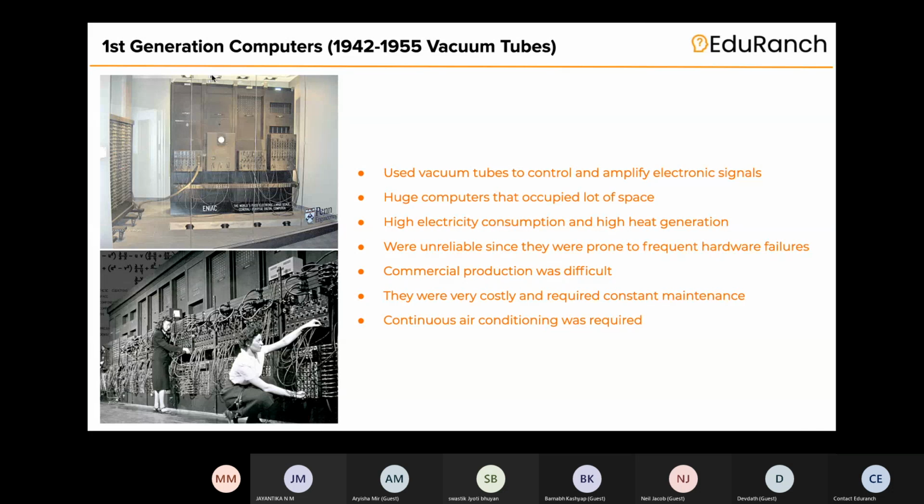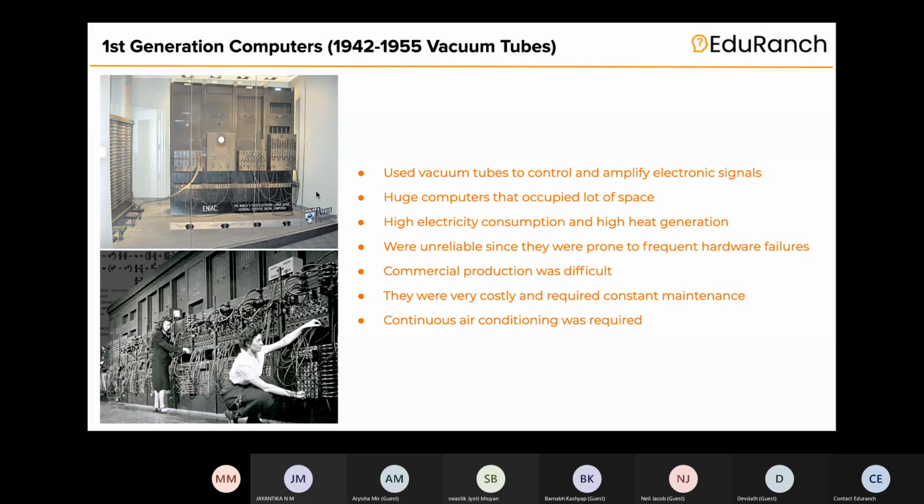They were so heavy, built out of wires and vacuum tubes. The vacuum tubes controlled the electrical signals, turning them off and on, just the way mechanical knobs are controlled, so that we can do certain computation.